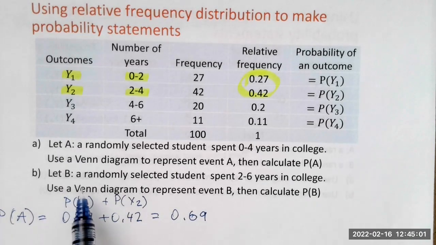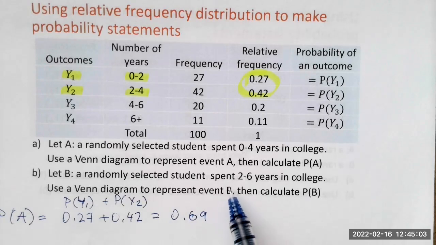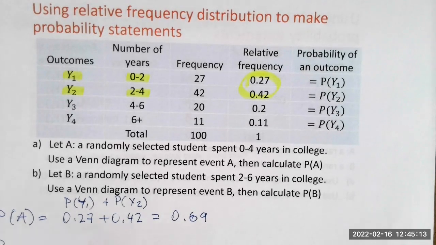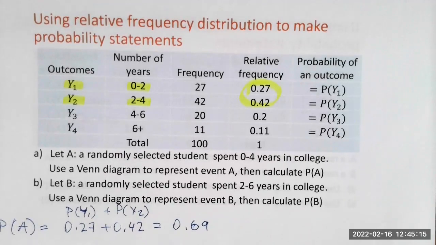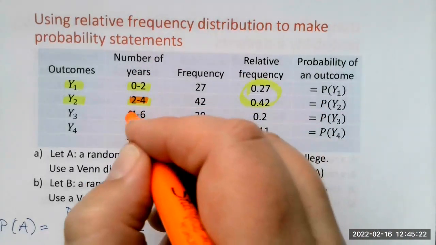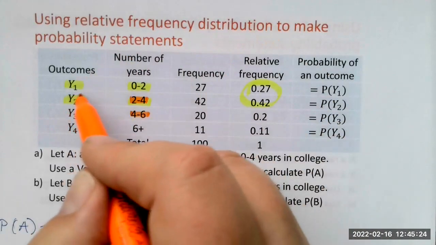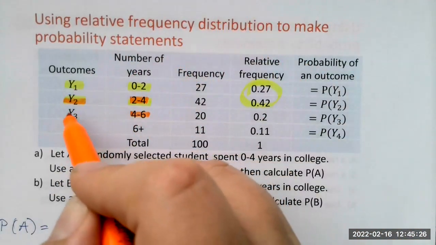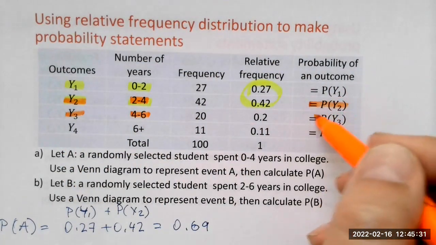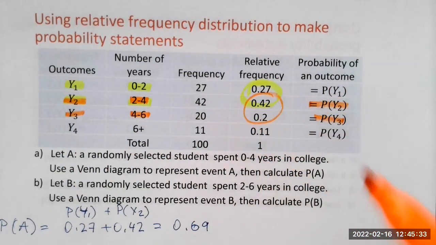Okay, question B. Let B be a randomly selected student who spent 2 to 6 years in college. Use the Venn diagram to represent event B. So where do we have it in our table? 2 to 6 would include 2 to 4 and 4 to 6. So those are events Y2 and Y3 combined. The probabilities of those events are right here.